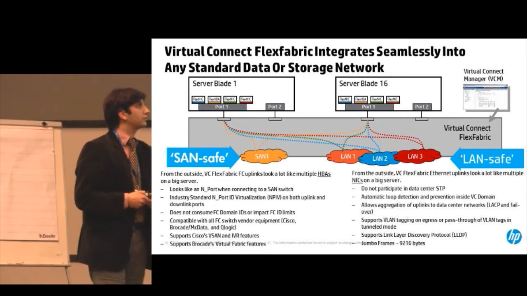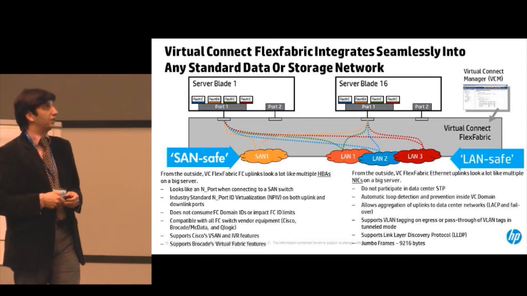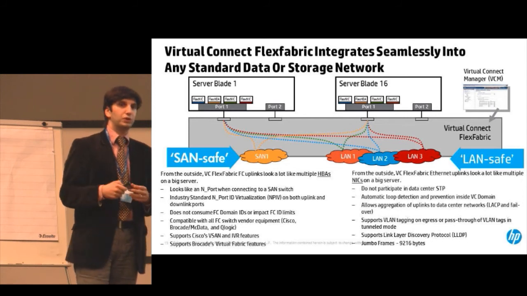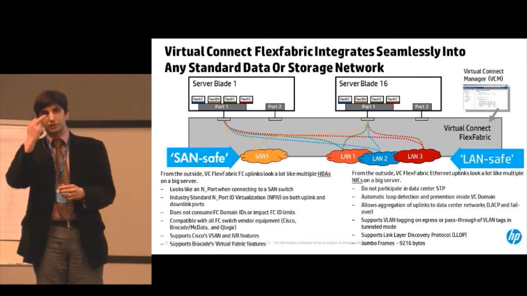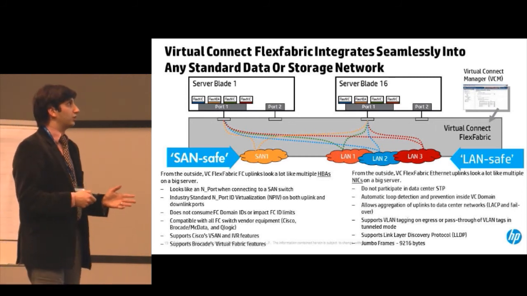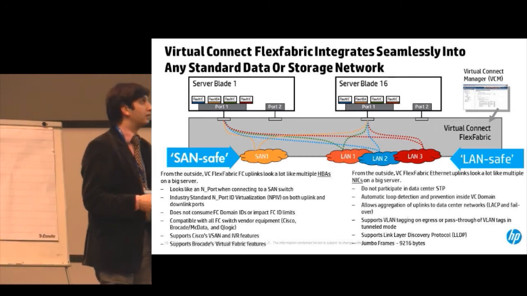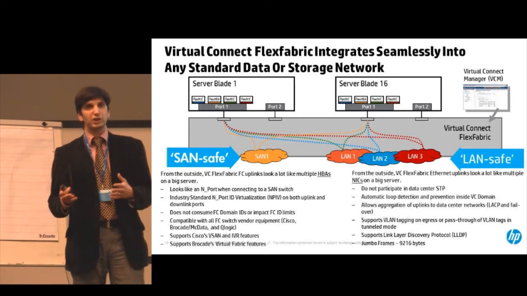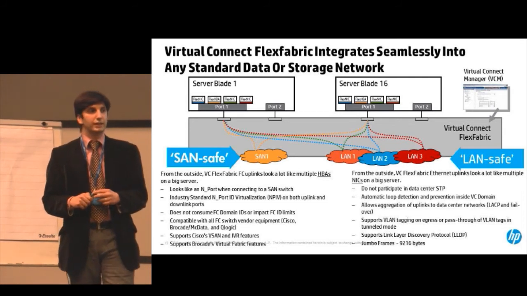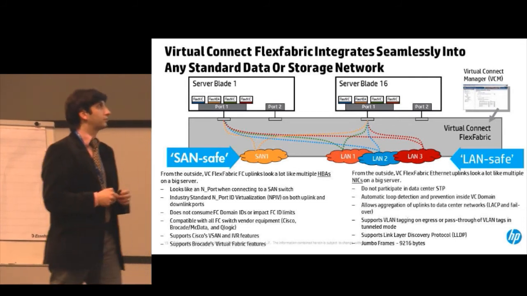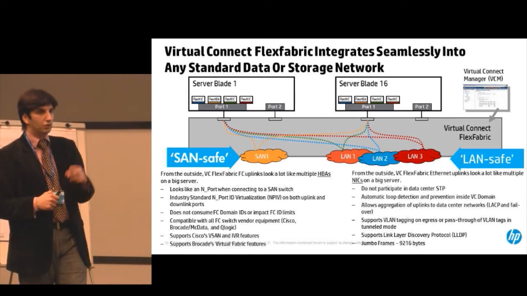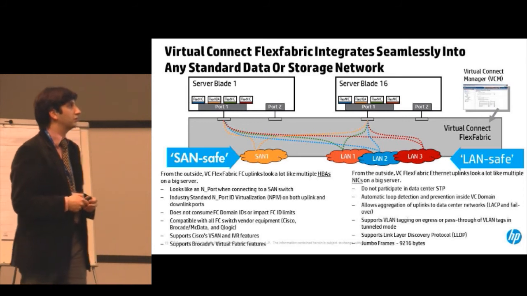Very nice, and done. Then your LAN admin comes and configures your network parameters. Again, the uplink port of the Virtual Connect for the external network will look like a server with a lot of network interfaces. You can configure trunking, you can configure VLANs. You can use the VLANs in pass-through mode, which means that we are just passing the tagged VLAN through to the host, or we can make Virtual Connect assign the tag on egress, depending on your configuration needs.